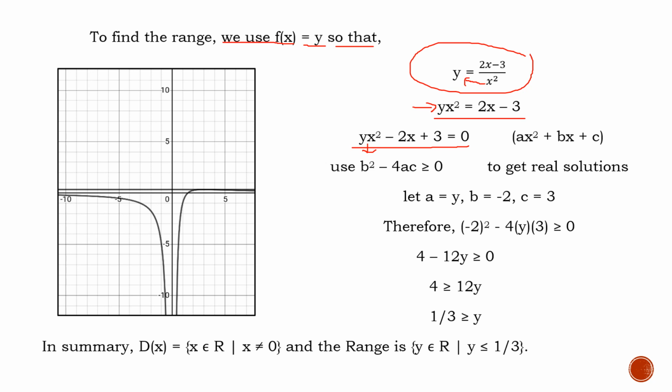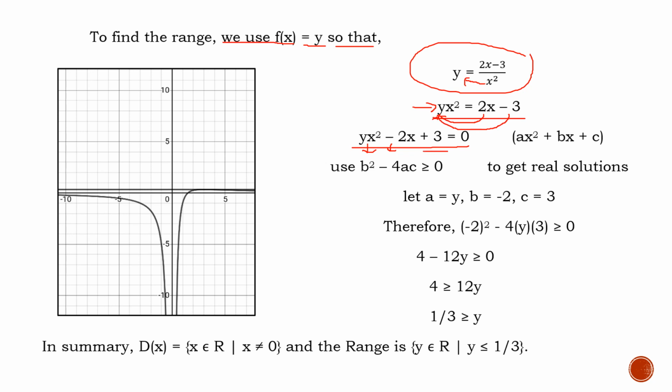So y x squared minus 2x. Why is it minus 2x? Because we transfer this positive 2x to the other side of your equation, from positive to negative. Now, negative 3, we transfer to the other side of your equation. That's why it's positive here.